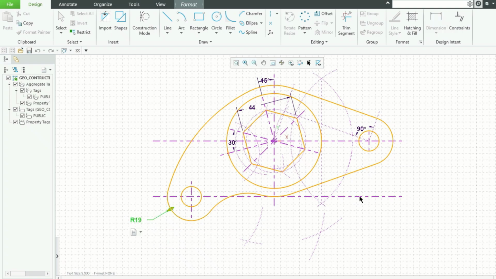This is 19 mm radius. This is 19 mm radius.